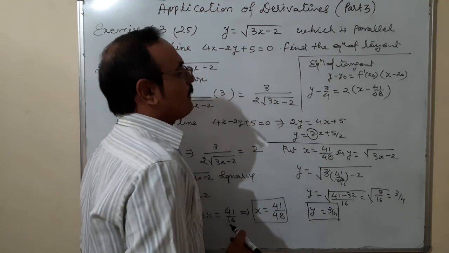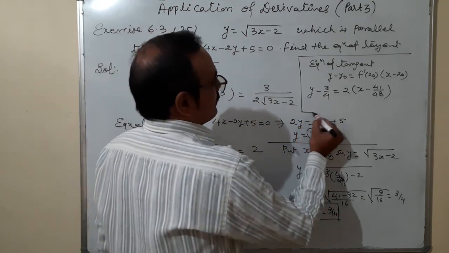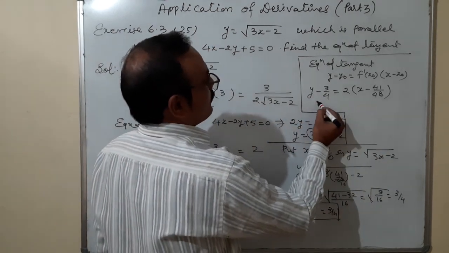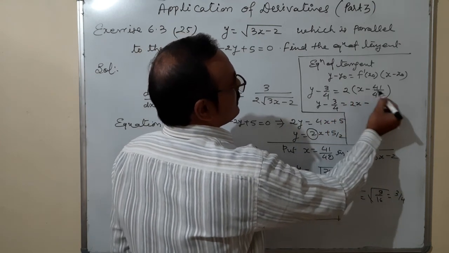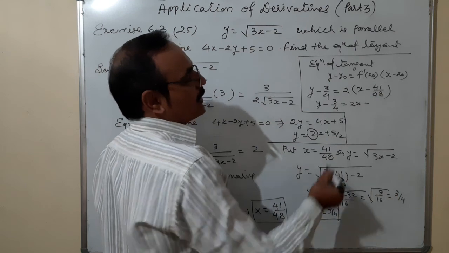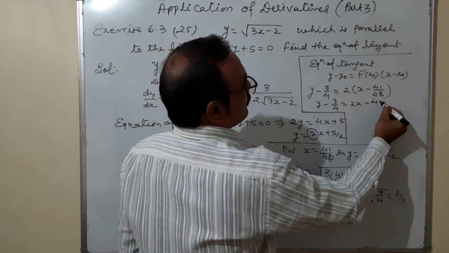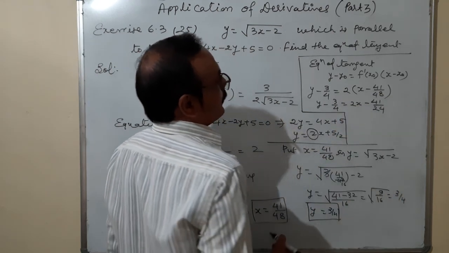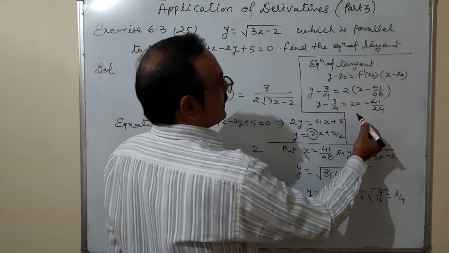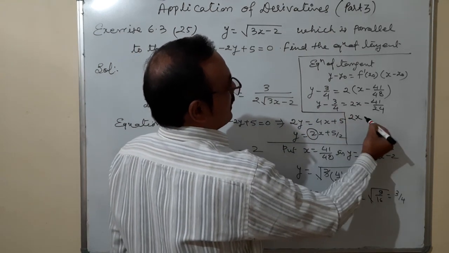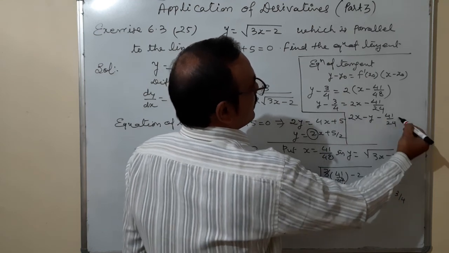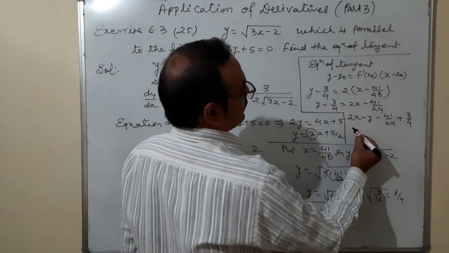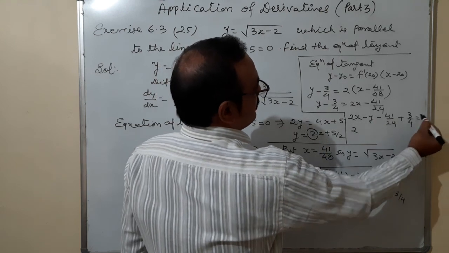Okay. So it is coming y minus 3 upon 4 is equal to 2x minus, when you multiply 2 by 41 upon 48, it is 41 upon 24. Okay. So that is 2x minus y minus 41 upon 24 plus 3 upon 4 is equal to 0.